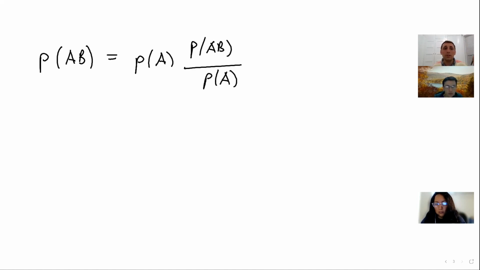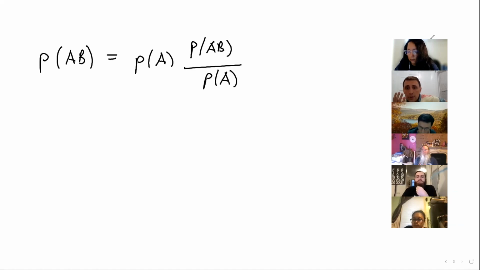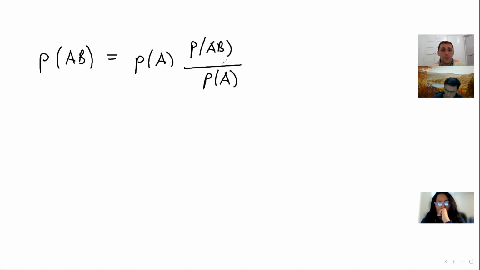Assuming probability A is not zero, because if probability of A is zero, then probability of AB would also be zero. Because AB is a smaller subset, and therefore it's even less likely to occur than A. So this is probability A times probability of B given A. That's where multiplication comes from.